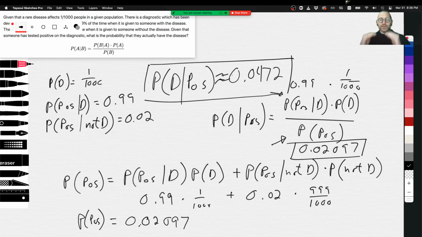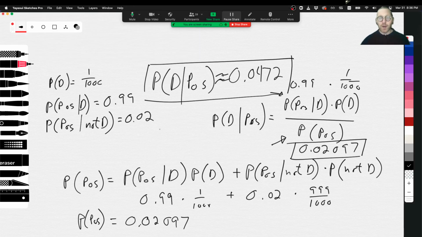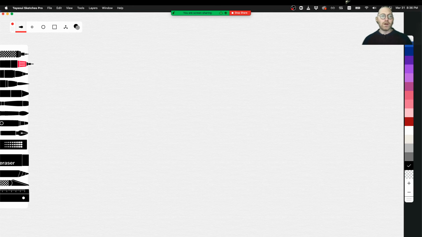Because that number is often much, much lower than you think it would be. And in a lot of testing scenarios, they'll test you, and then they will follow up with another test. In a follow-up test, you would see the probability of having the disease suddenly increase quite a bit if you tested positive again on perhaps another diagnostic. So that is a Bayesian approach, and it's very common in diagnostics. So let's do another one.